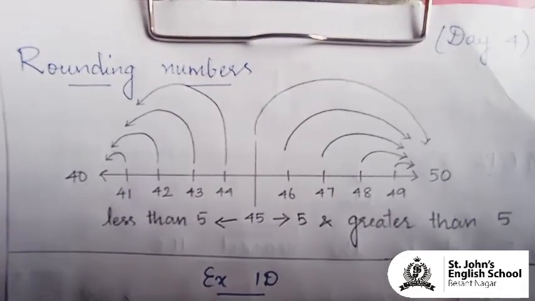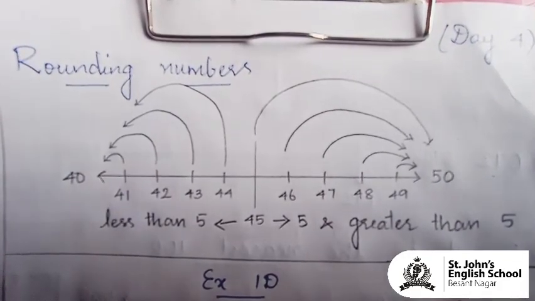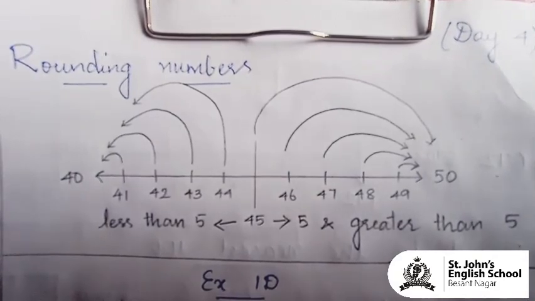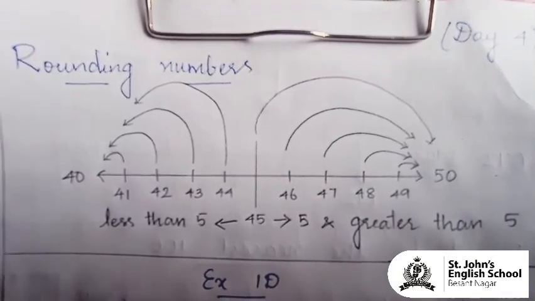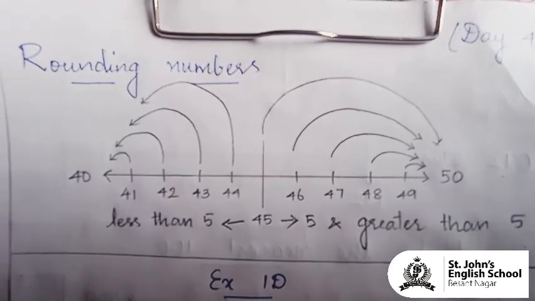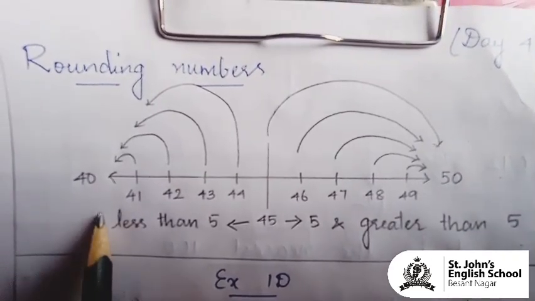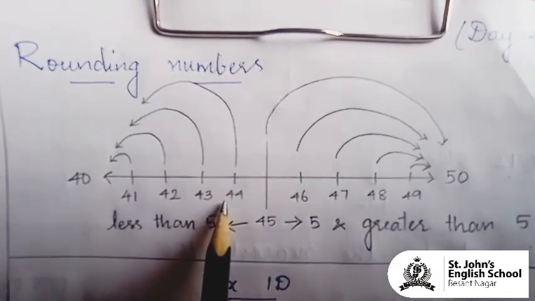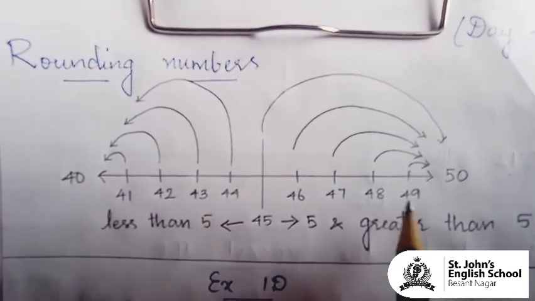Now, let us learn rounding numbers. Maybe in 3rd standard you have studied about rounding numbers. This is a small example to show you that the numbers will go to the before number or to the after number.